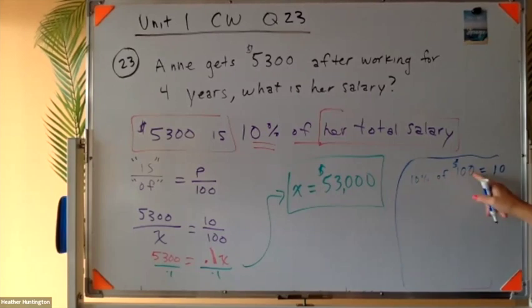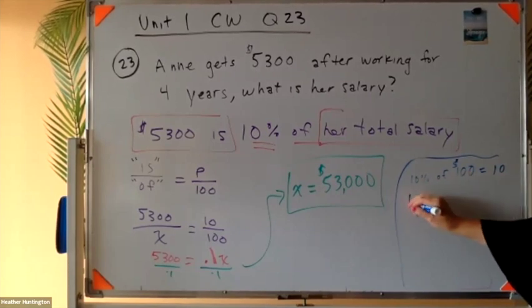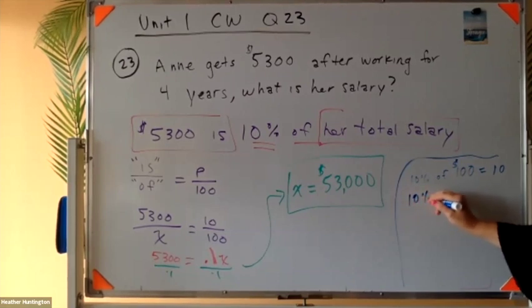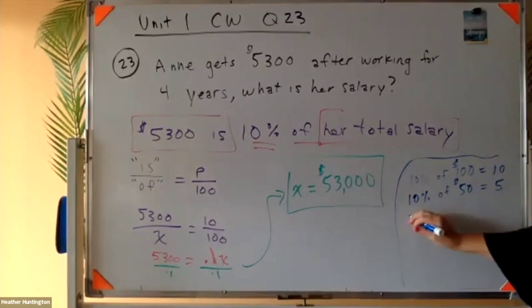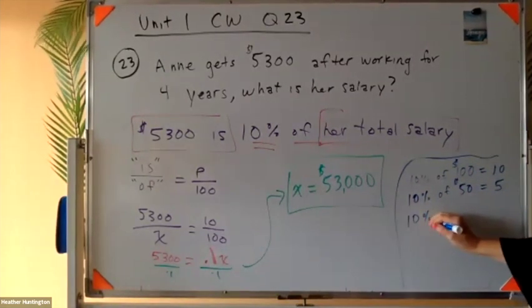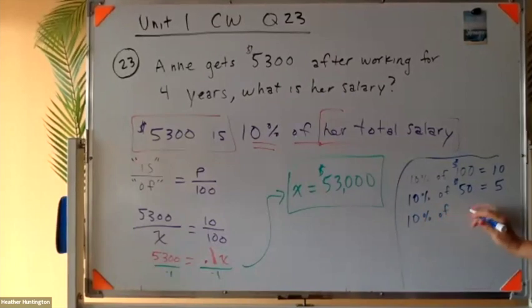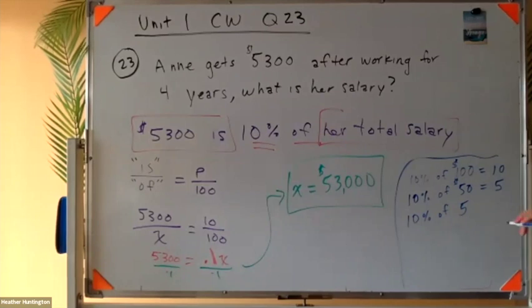So 10 of 100, if you have $100, it's just going to be 10. All right, what's 10% of $50? 5. Good. What's 10% of $5? 0.5.